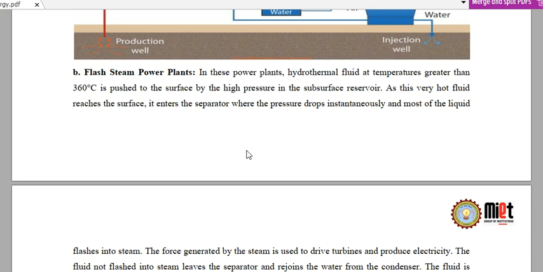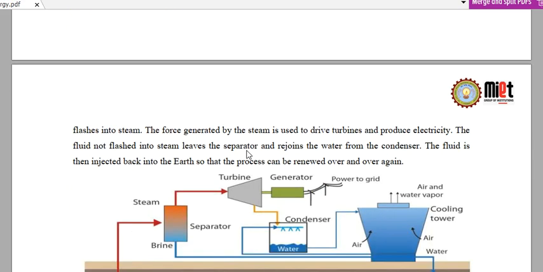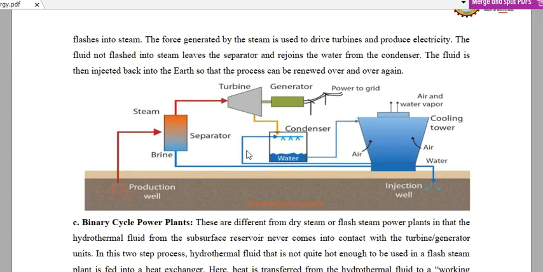As this very hot fluid reaches the surface, it enters the separator where the pressure drops instantaneously and most of the liquid flashes into steam. The force generated by the steam is used to drive turbines and produce electricity. The fluid not flashed into steam leaves the separator and rejoins the water from the condenser. The fluid is then injected back into the earth so that process can be renewed over and over again.